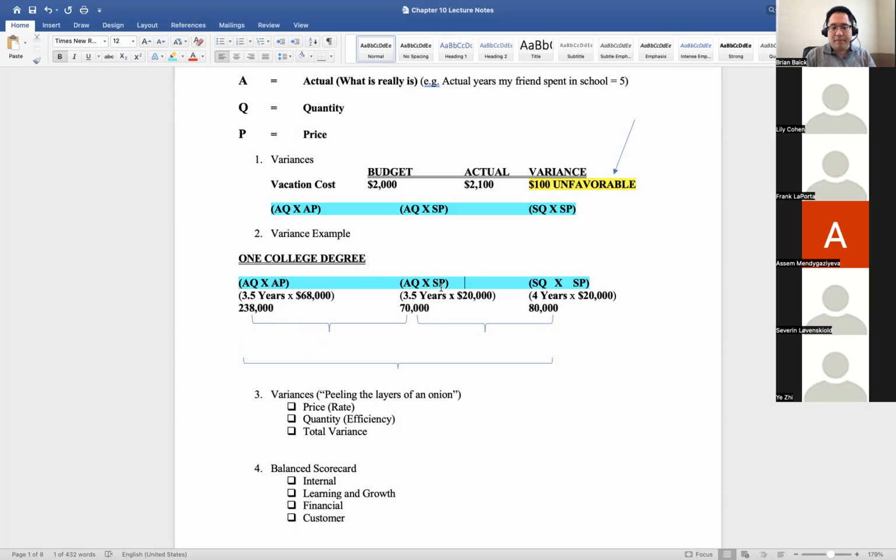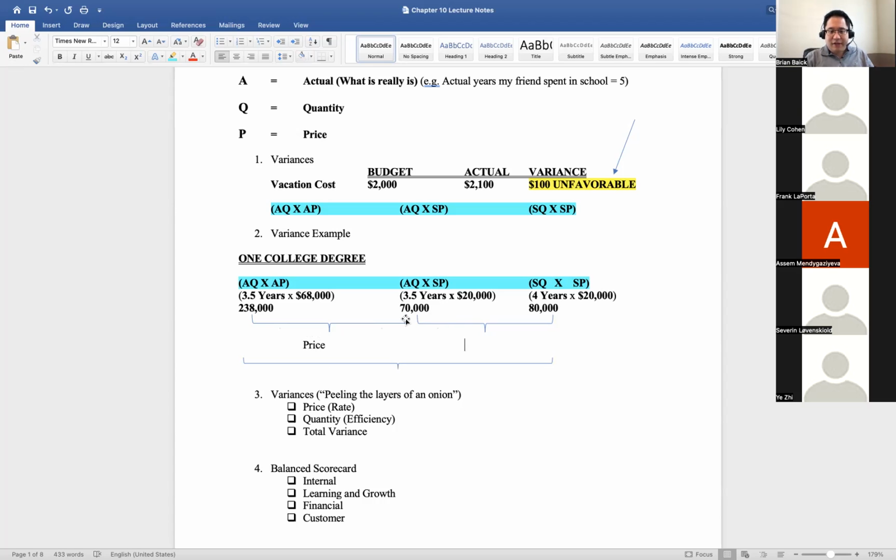But in the middle, you have standard price. So what do you think this variance is called? It's called the price variance. We'll just say price. We'll figure out the number in just a minute. We just know this is the price variance.